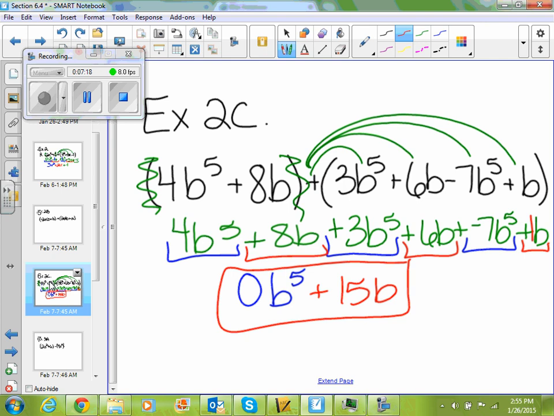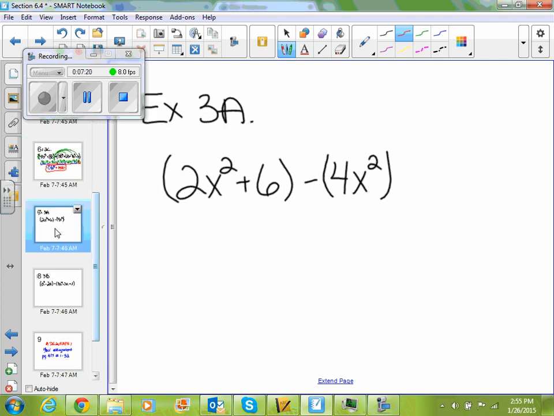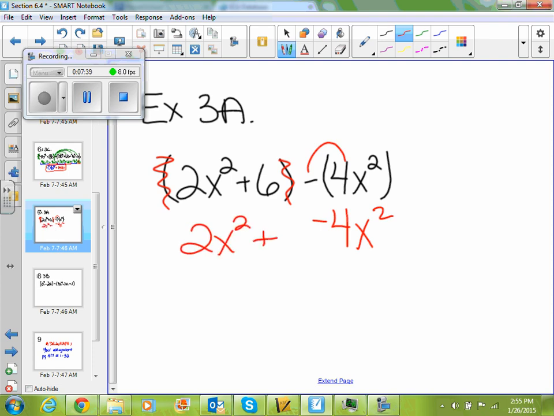Okay, are we good? We're going to do 2 more, because we're going to look at minuses next. So 2x squared plus 6 minus 4x squared. You ignore your parentheses up front, but we have to distribute the minus, so instead of being positive, it's minus 4x squared. So I have 2x squared plus 6 minus 4x squared.